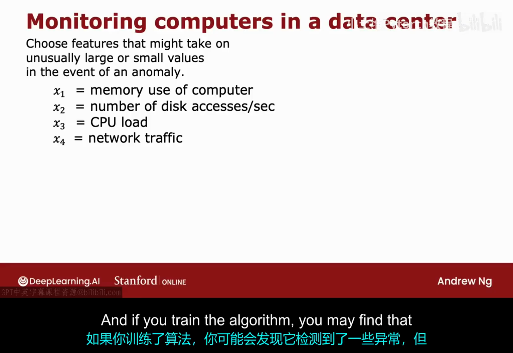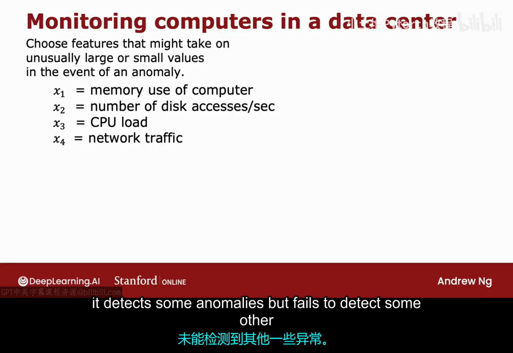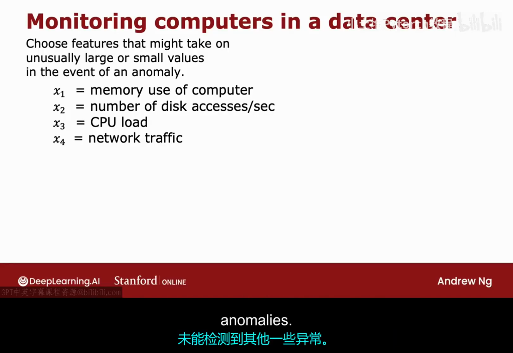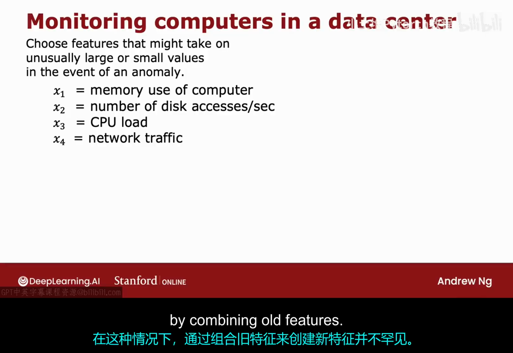And if you train the algorithm, you may find that it detects some anomalies but fails to detect some other anomalies. In that case, it's not unusual to create new features by combining old features.